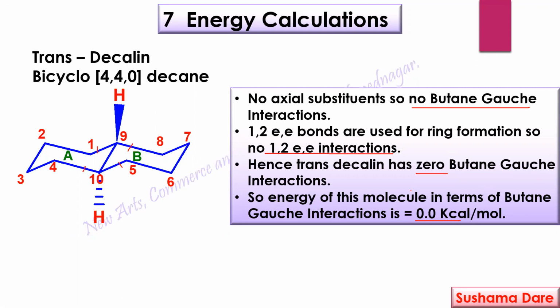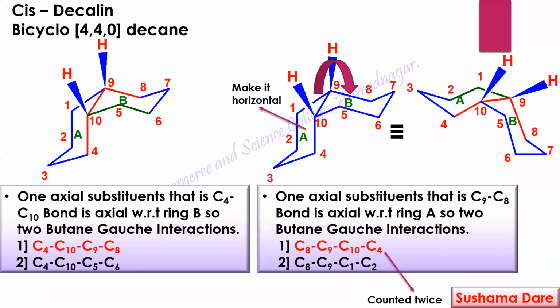Now let us calculate the energy for the cis-decalin system. In the cis-decalin system, there is a slightly different scenario, because one ring is vertical, ring A, while ring B is horizontal.